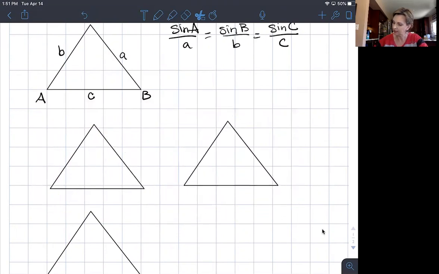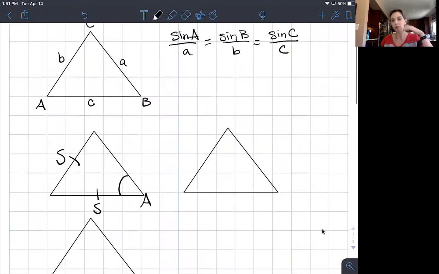Okay, so let's say we have a triangle, and we don't need to label it right now, but let's say we have a side, and another side, and an angle. If we have those three pieces of information, then we're going to be able to use the law of sines to solve for the rest of that triangle.